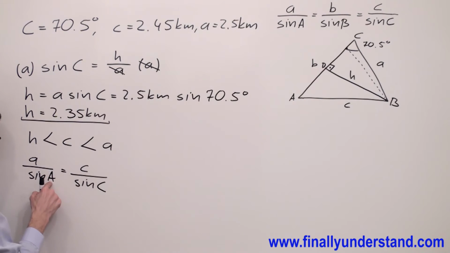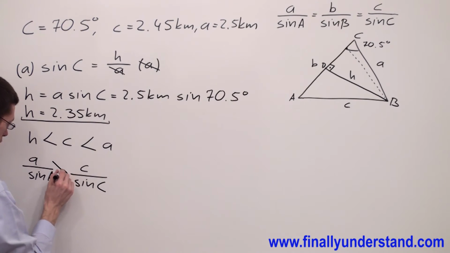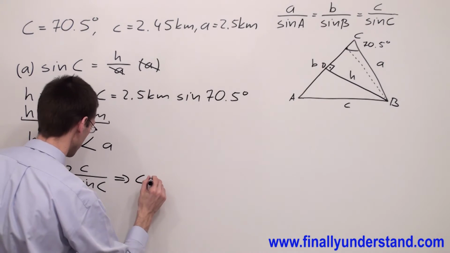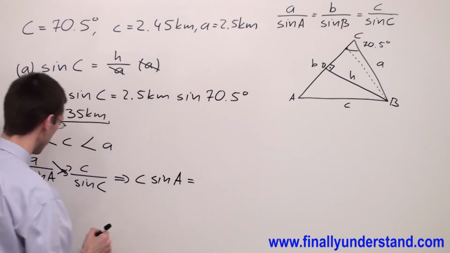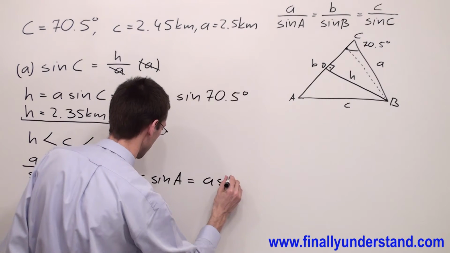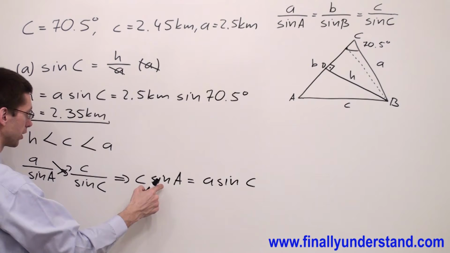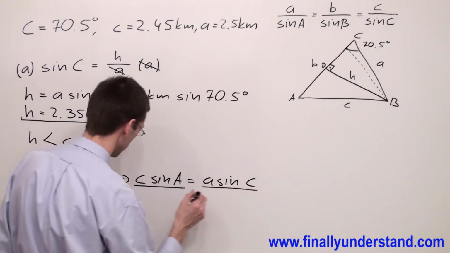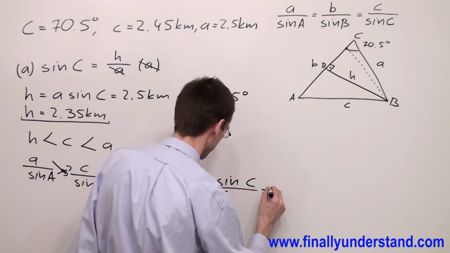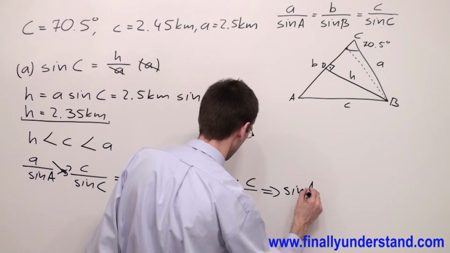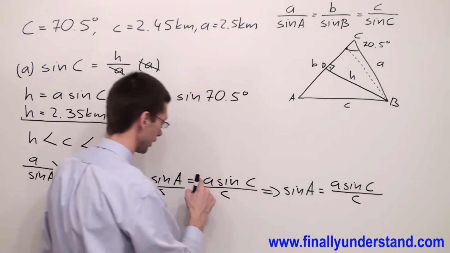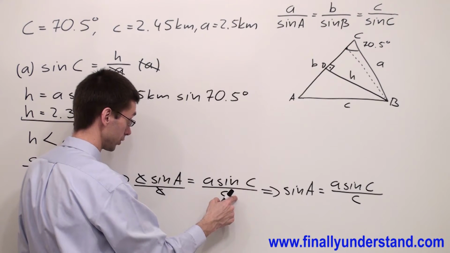That's why I'm looking for angle A. Cross multiply, and you will have C times sine of angle A is equal to A times sine of angle C. In order to find angle A, I'm supposed to divide both sides of my equation by C. C and C will cancel out, and I will have sine of angle A equals A times sine of angle C divided by C.